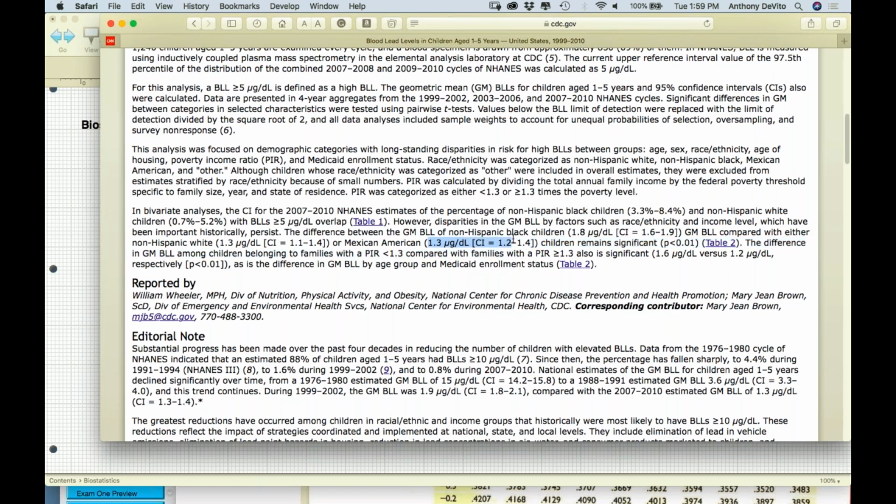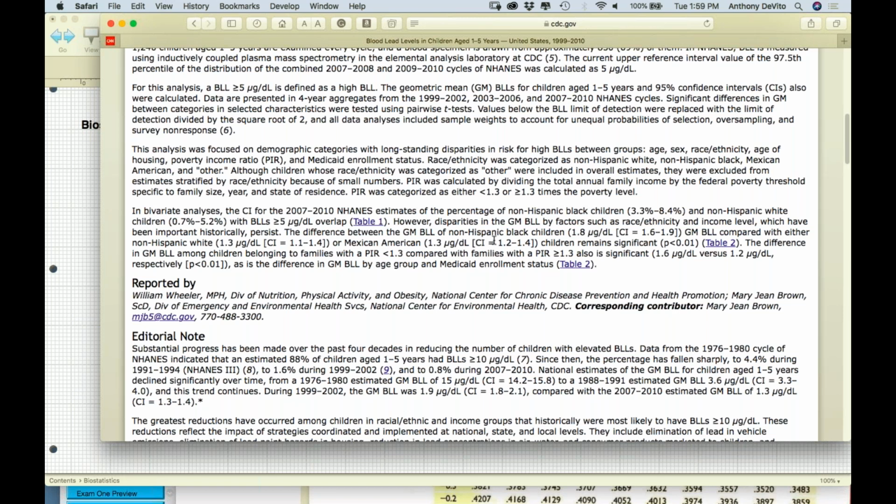The confidence interval for the true blood lead level in Mexican American children in this population is 1.2 to 1.4. In other words, their sample came out to be 1.3, but even though they can't tell you exactly how close they are to the actual blood lead level, they can tell you that they're 95% sure.